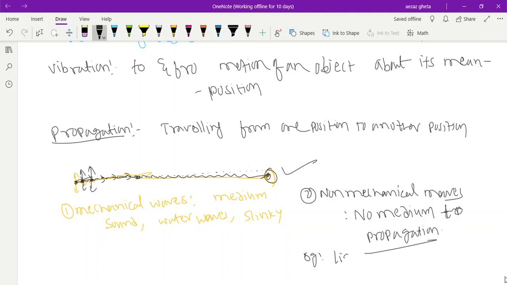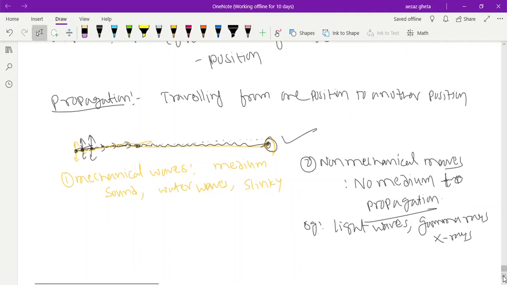For example, light waves. The light waves are coming from the sun, traveling through space also. So light waves, gamma waves, and X-rays do not require a medium for their propagation, so you can say they are non-mechanical waves.